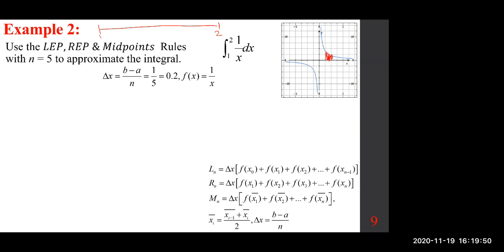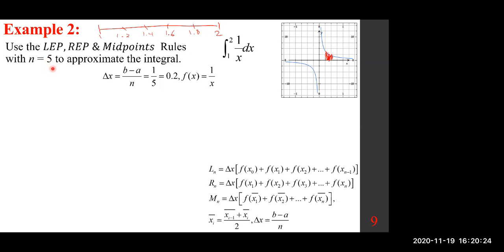And f of x is 1 over x. So we need to cut this into 5 pieces. Okay, and we said it's 0.2. So this is, class, 1, 1.2, 1.4, 1.6, 1.8. So now let's find L5 because n is 5.